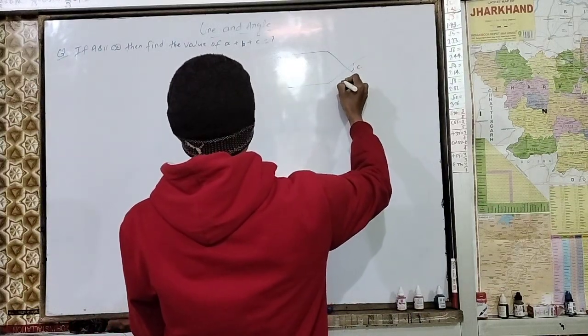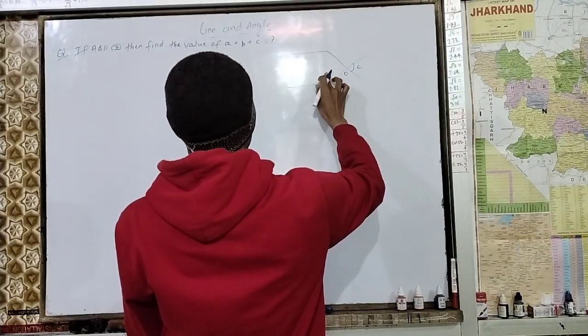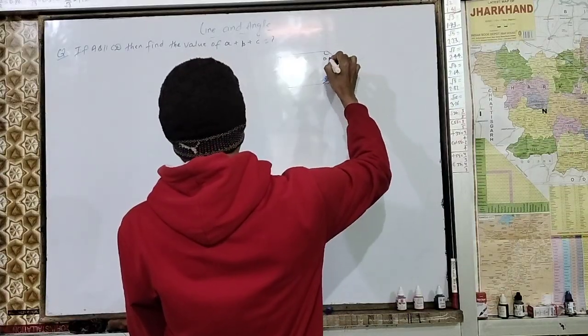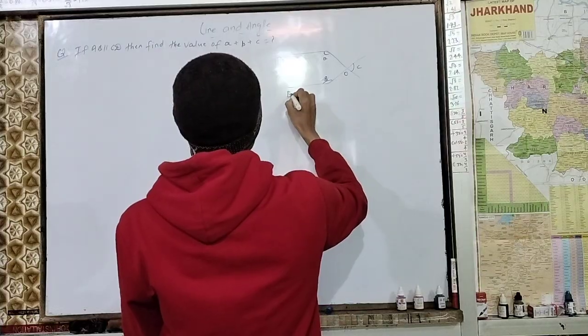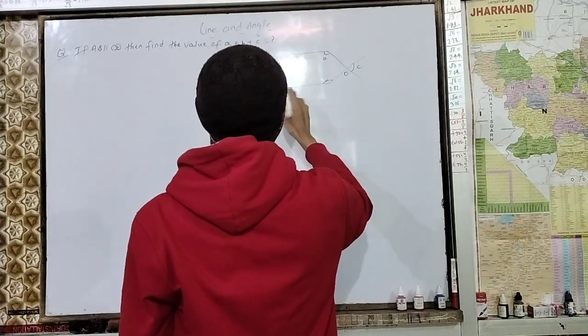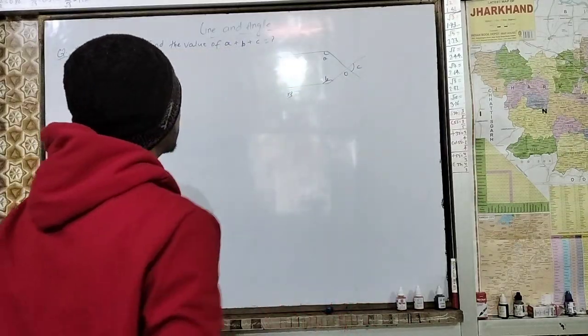C, O, this B, and this A. The question is asking: the sum of these three angles, A plus B plus C, will be equal to how much?